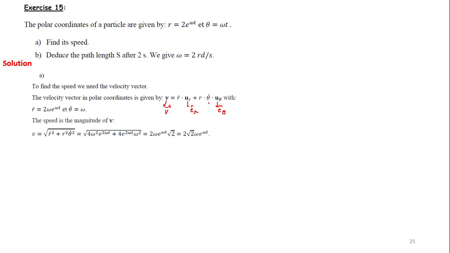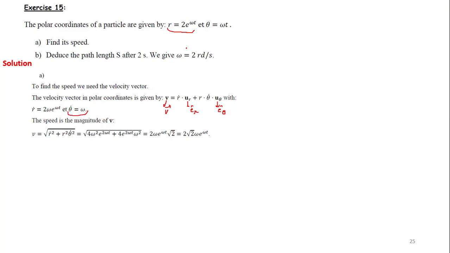We don't have theta dot, we have theta. So let's differentiate r and theta with respect to time to find r dot and theta dot respectively. We have r equal to 2e^(ωt). r dot is equal to dr over dt. It's equal to 2 times the derivative of e^(ωt) with respect to time, which is ω e^(ωt).